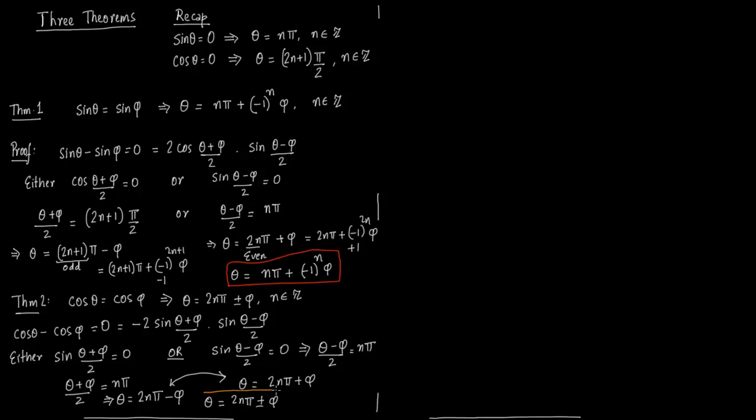So theorem 3 concerns tangents. Before we write the theorem, we need to recall that tangent theta and tangent phi are defined as sin theta by cos theta. So let us write this down.